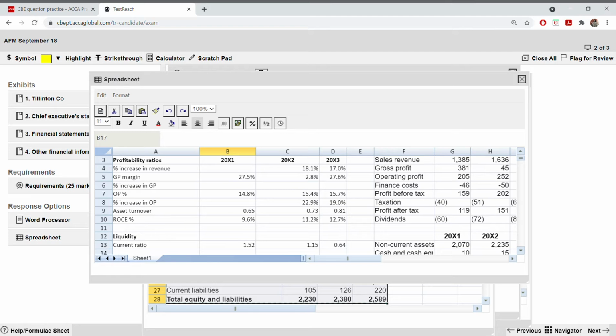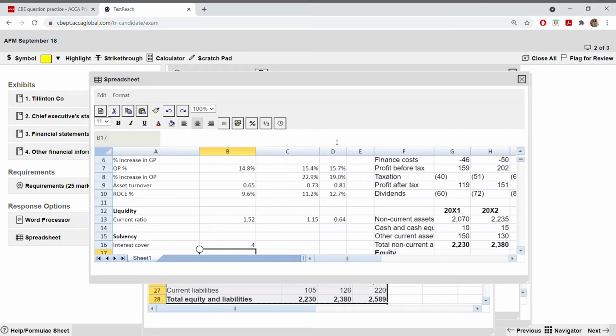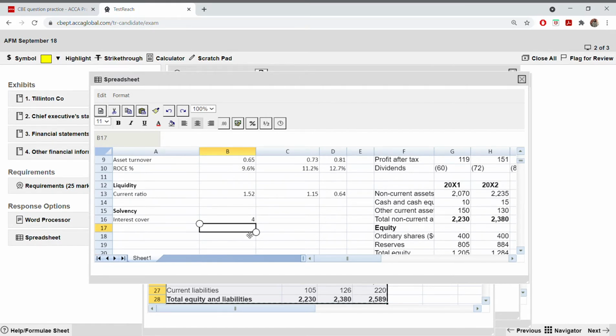Now in the interest cover, something is wrong. Because it was supposed to be 4.5, not 4. But we'll see. And the next year, if you cannot drag it because you have used a number over here, we'll see what happens.